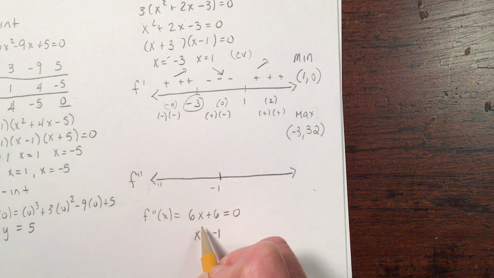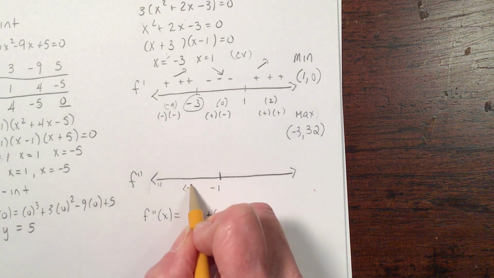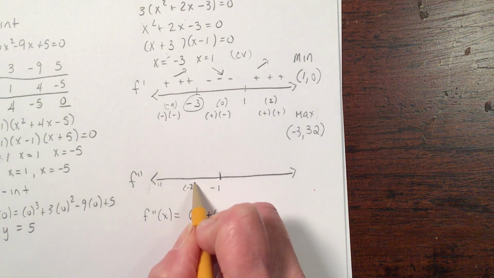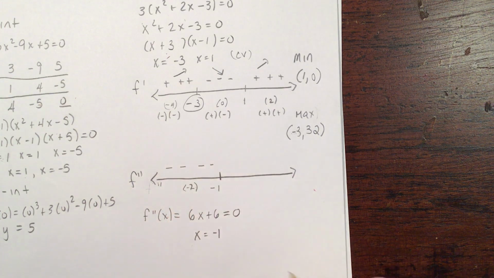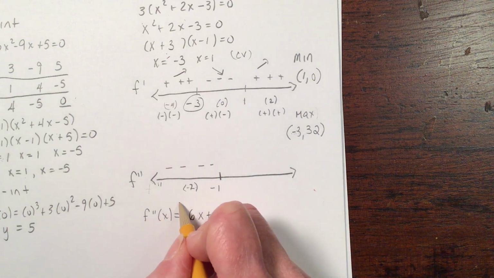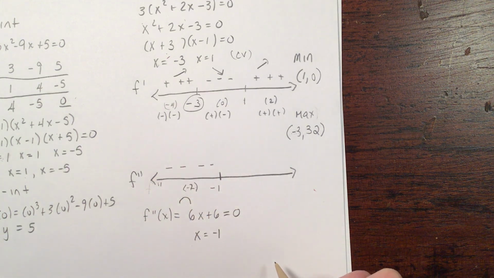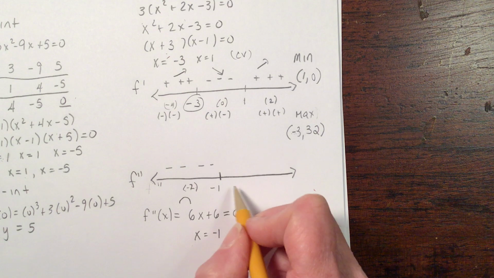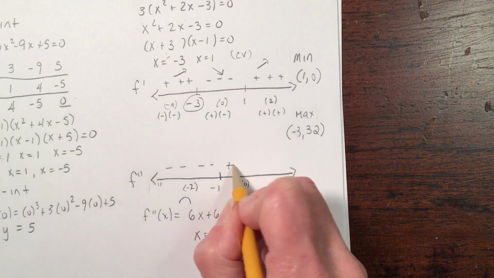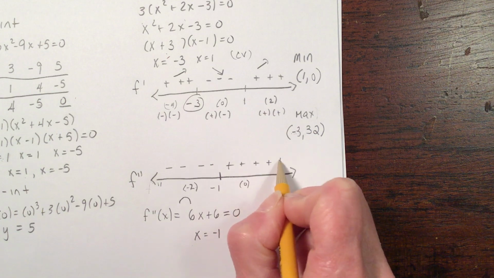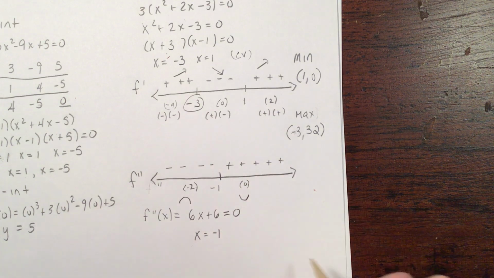If I plug a number less than -1 in, let's say -2, I'm going to have a negative value, which means my curve is concave down. And then if I plug a number bigger than -1, I'm going to get a positive value, which means my curve is concave up.